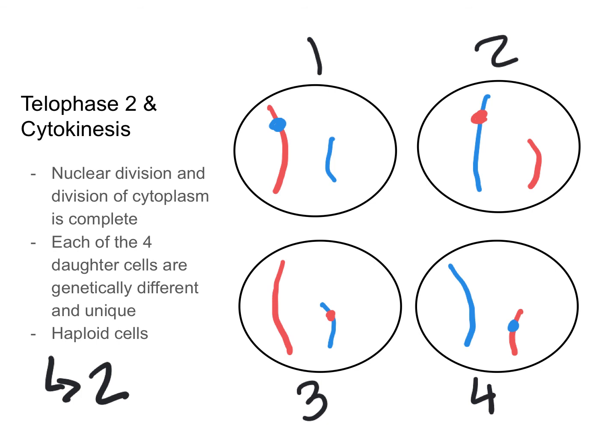To wrap up, meiosis is the process where a single cell goes through 2 divisions to create 4 unique cells with half of the genetic material each. We need meiosis to create our sex cells, which are our sperm and our eggs, which ensure that during sexual reproduction, the organism produced has the correct number of chromosomes.